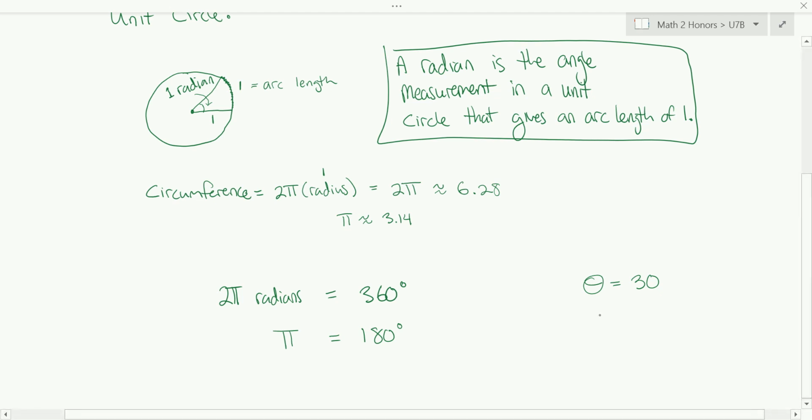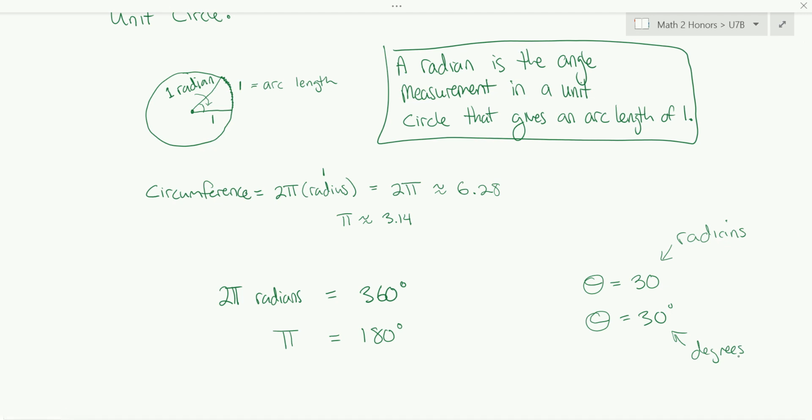If I want degrees, then I'd have to write 30 with the little degree symbol, right? We typically don't write radians, we just write 30 or a number, and it implies radians, okay? Where this would be degrees. All right, so that's a little bit about defining what a radian is. Let's talk about how to use a radian.